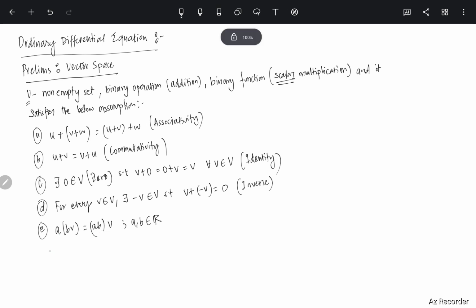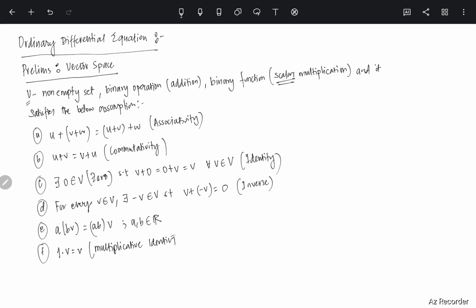And then you have the identity element with respect to scalar multiplication: 1 times V equals V. This is the multiplicative identity.